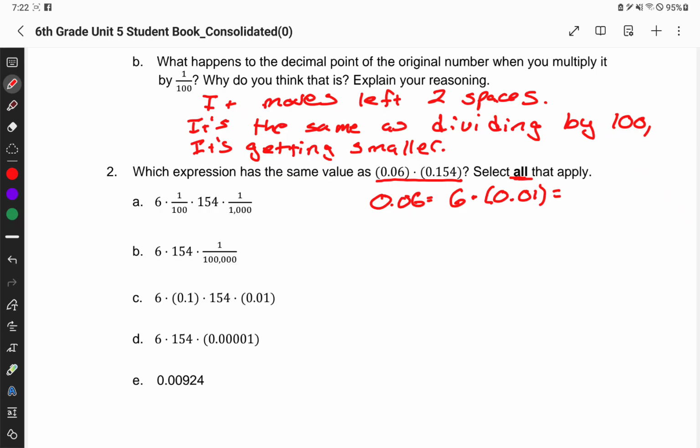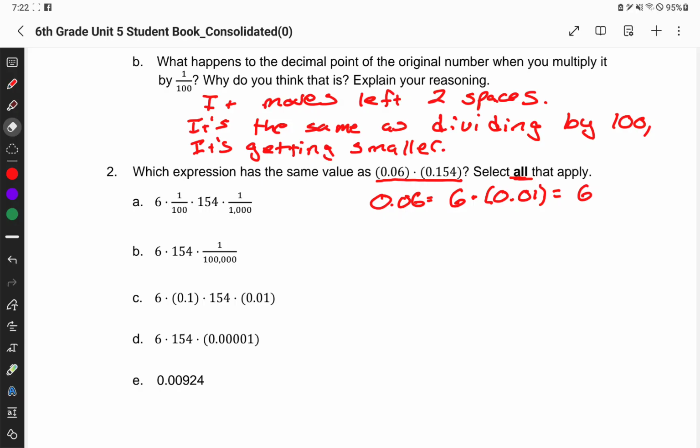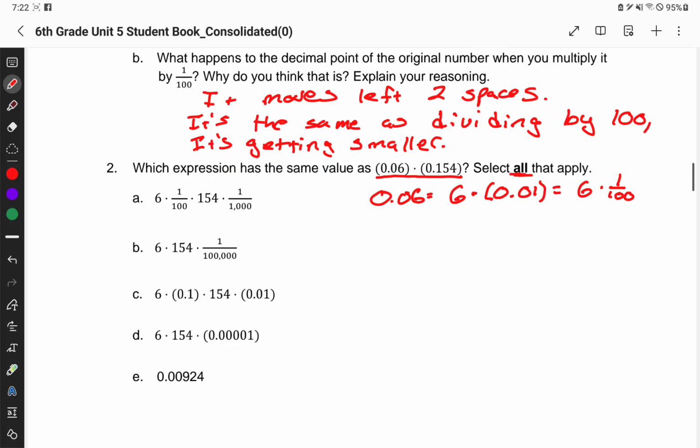When we read this correctly, that's 6/100ths. So 6 times 1 over 100. So that's 2 different ways to write that.